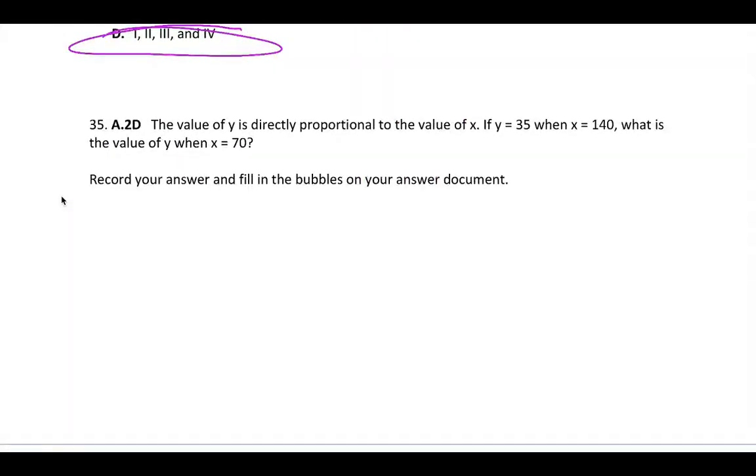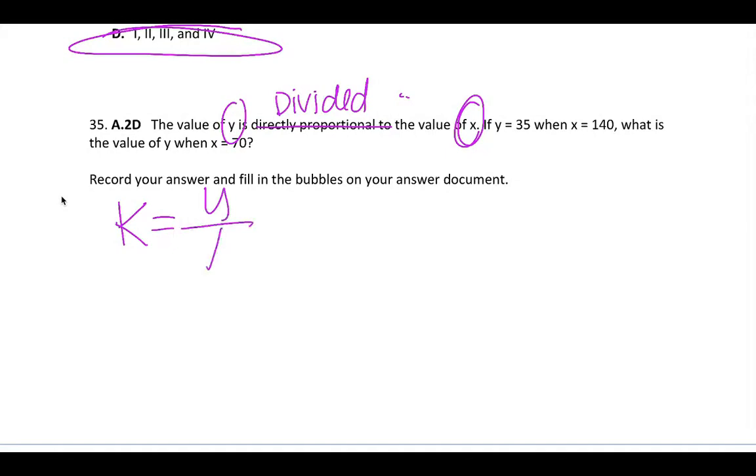35, the value of y is directly proportional to x. Cross it out and write divided by: y divided by x gives us k. Well, I have y is 35 and x is 140.